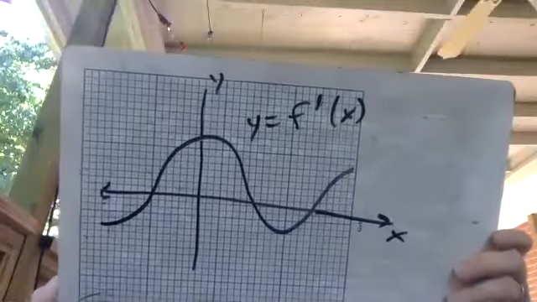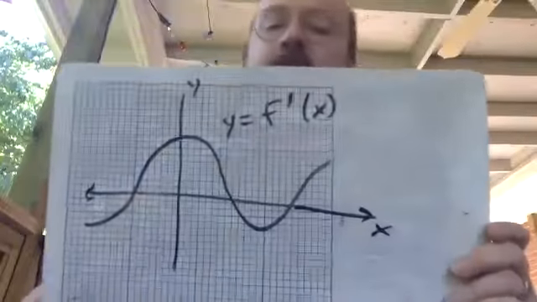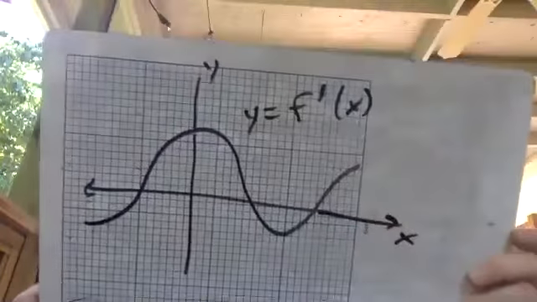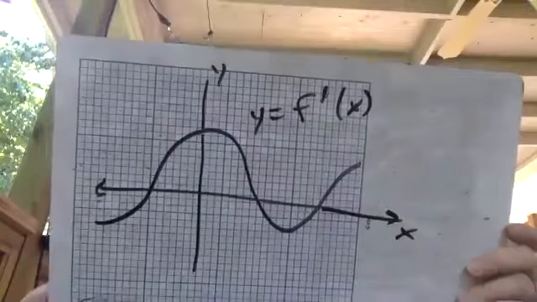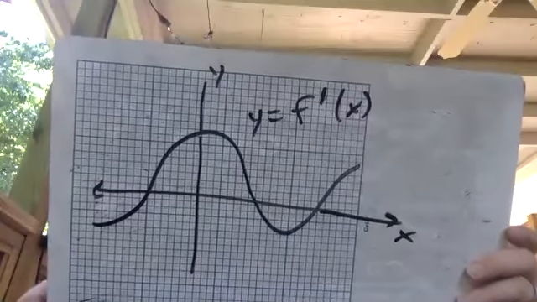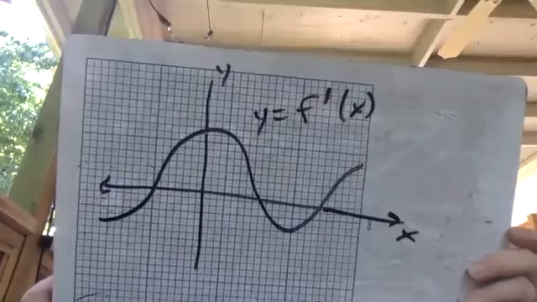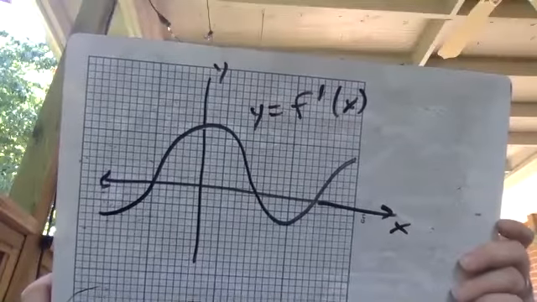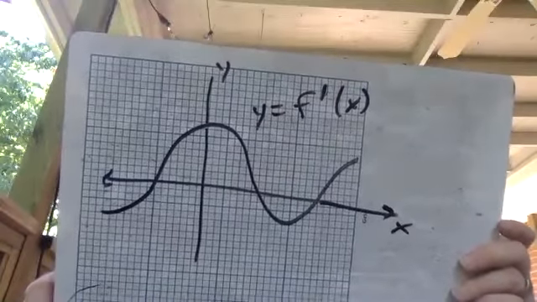We don't know what the function is, but we just assume that this is true. That could be some function's derivative. Remember, the derivative is still a function, so you can still draw a graph for it. Take the derivative of that graph to get the second derivative and all that. We'll talk about that next time.